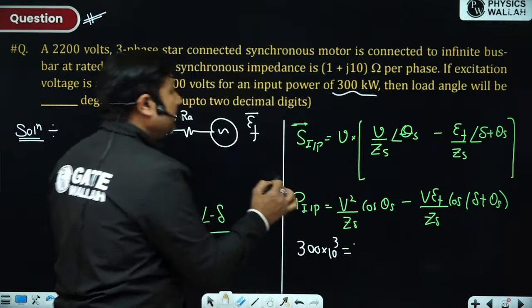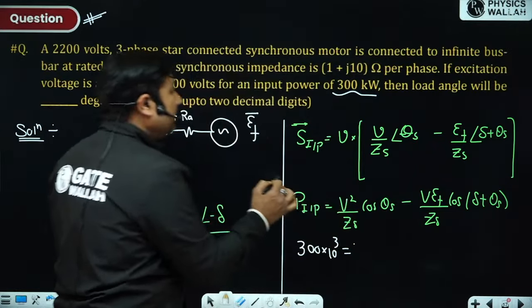So I am directly substituting the values of line voltage. 2200 square divided by 101 cos of theta S. Can we calculate theta S? Tan inverse 10. Tan inverse 10 is 84 degree, and cos of theta S is RA by ZS.